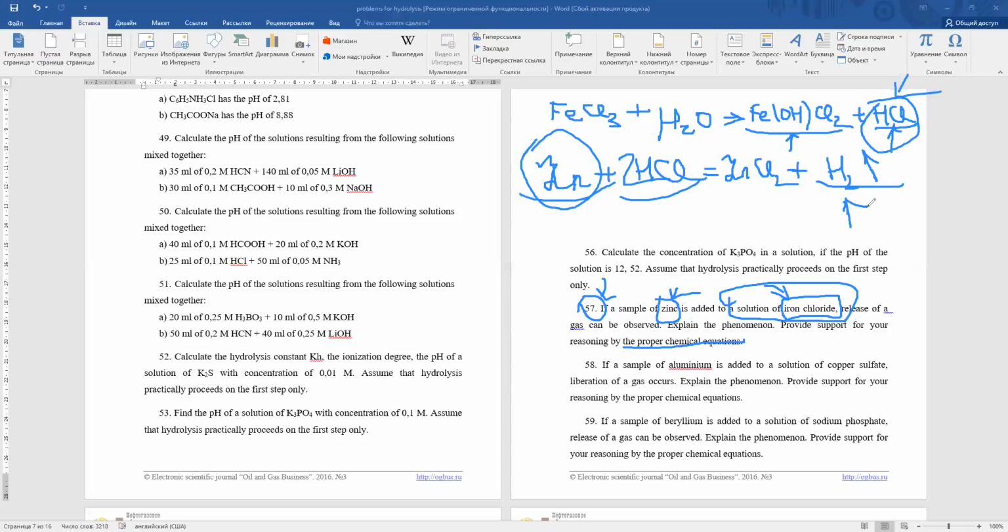The main reason why the gas formation can be observed in the solution is the existence of hydrogen chloride acid.